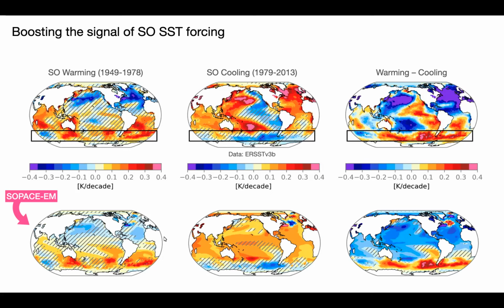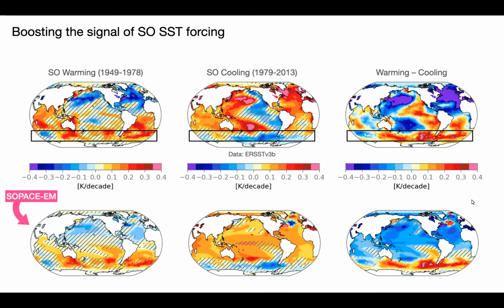And if we calculate the difference, we get the panel on the right. So I remind you that these ensemble means actually include the radiatively forced response. So that pattern is kind of making it harder to compare with observations.